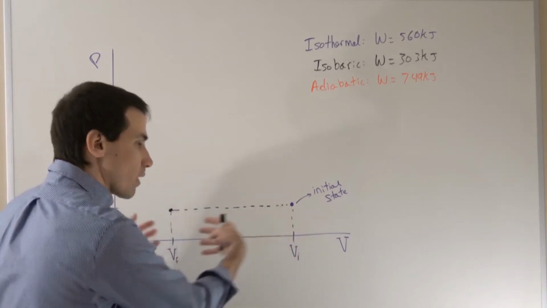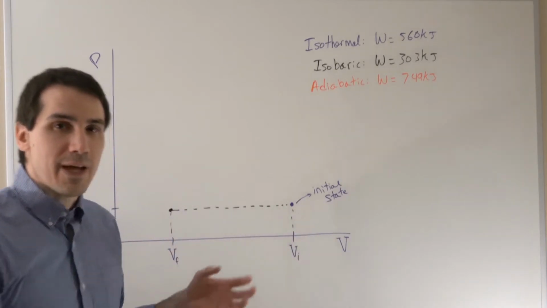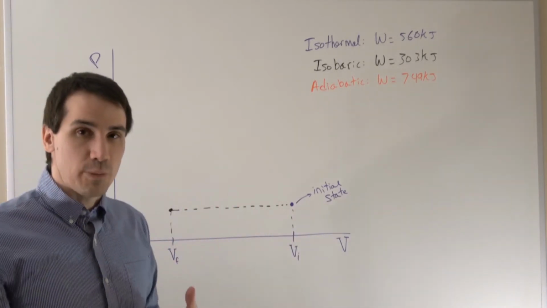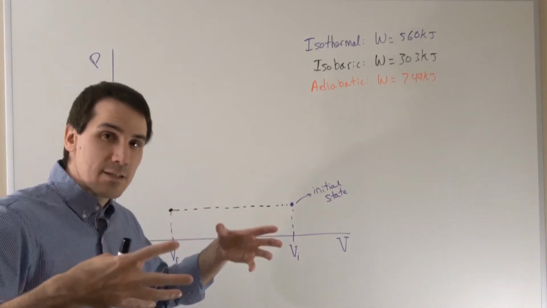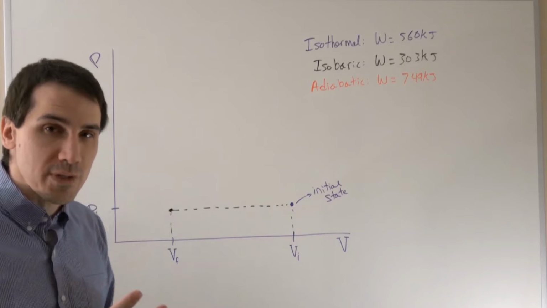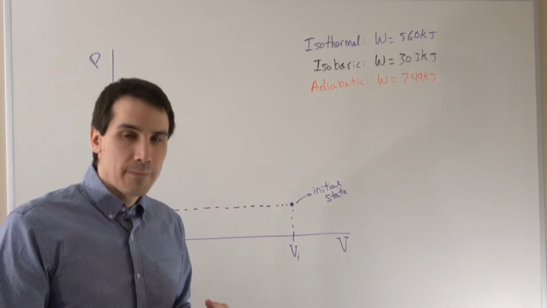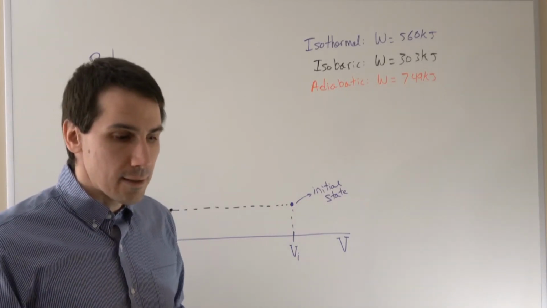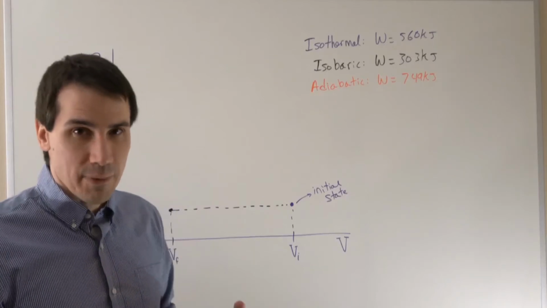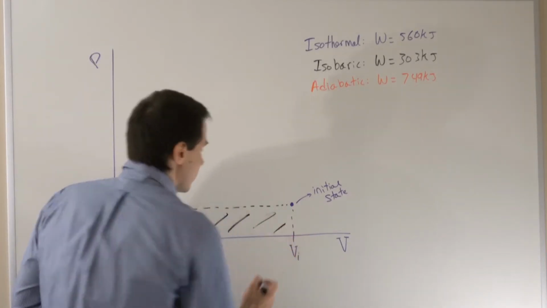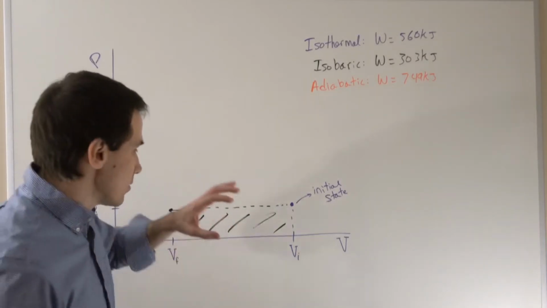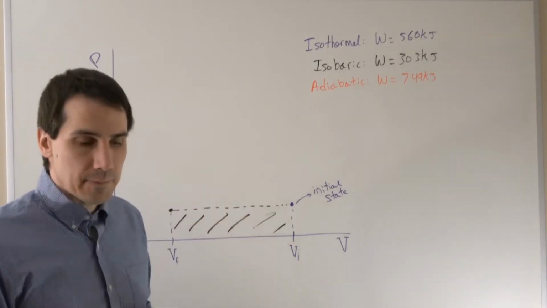Because we're compressing the gas, we expect that the work done on the gas should be positive, since we are pushing in on the gas and the gas is moving inward. So our force is in the same direction as the displacement, which leads to positive work. So this area here is the work done on our gas.